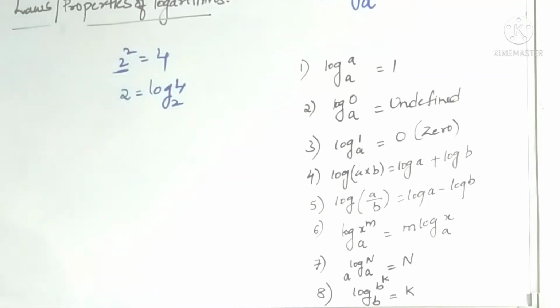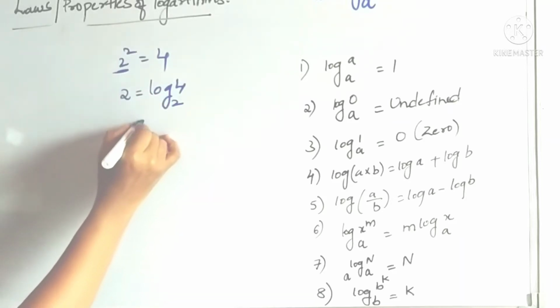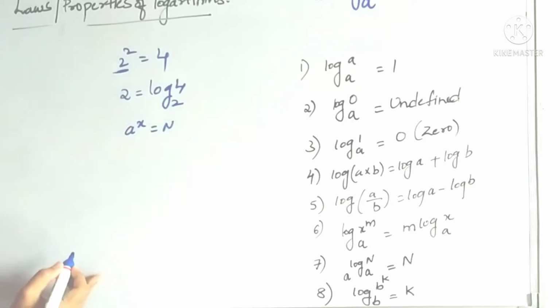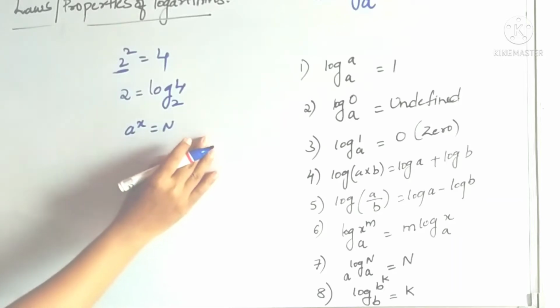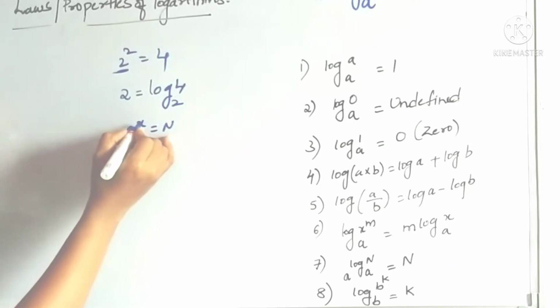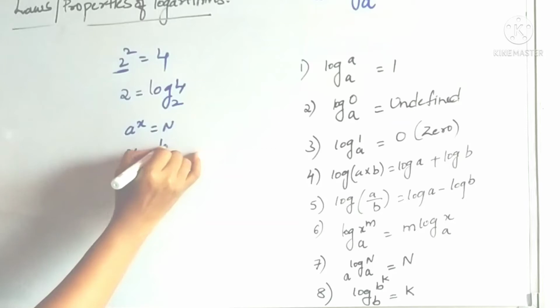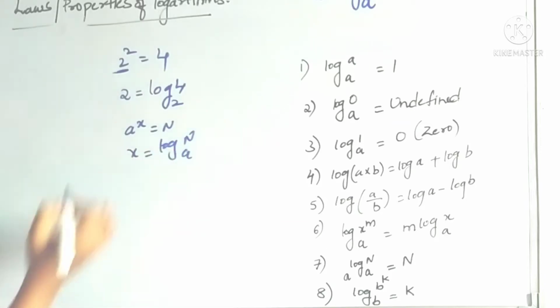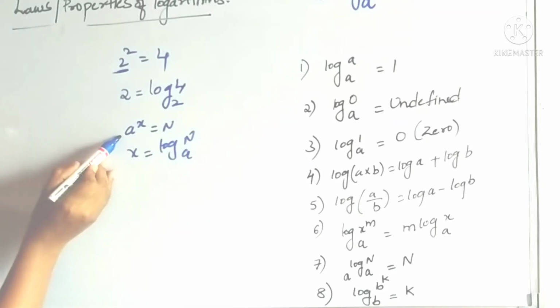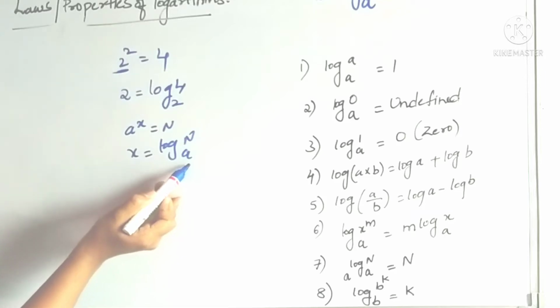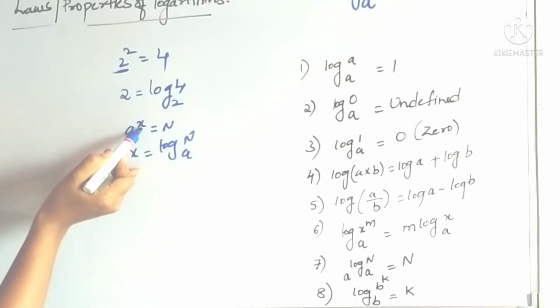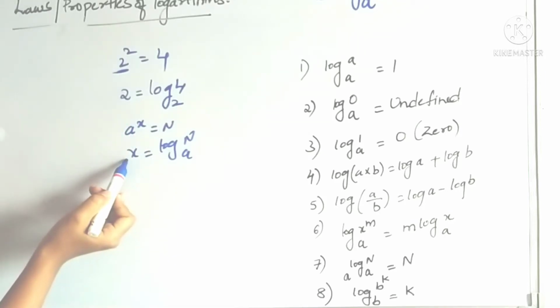So in general, if a power x is equal to n is the exponential form, then the logarithmic form is x is equal to log n base a. So the base of the exponent will become base of the logarithm, and power or exponent will become the answer here.